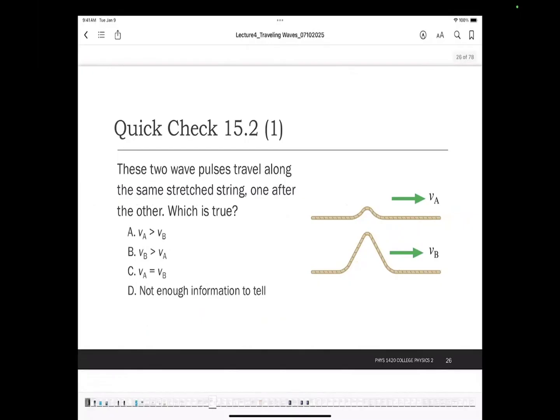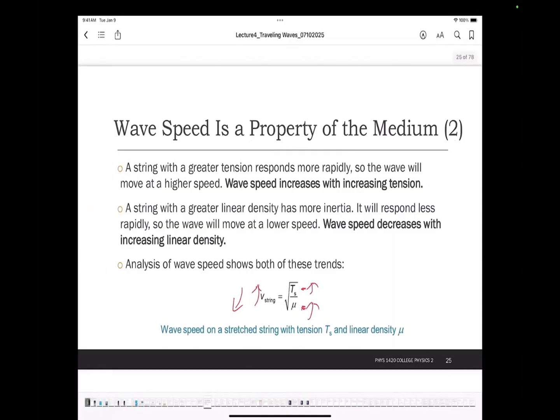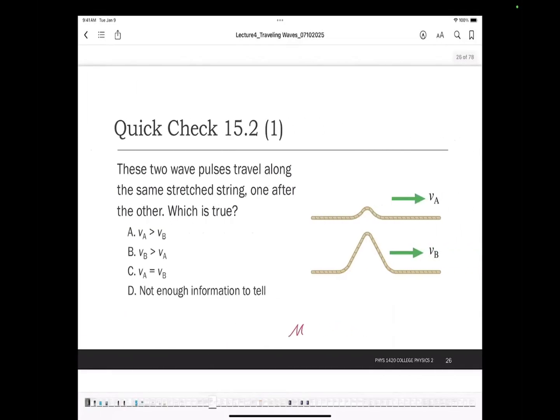This is the same stretched string, which means the linear density is the same, because it's the same stretched string. So which one is right?